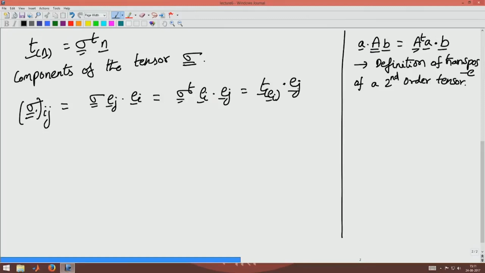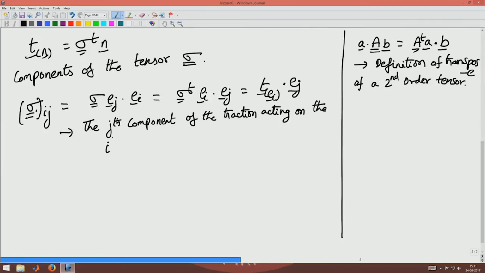So, sigma ij can be interpreted as the jth component of the traction acting on the ith side.